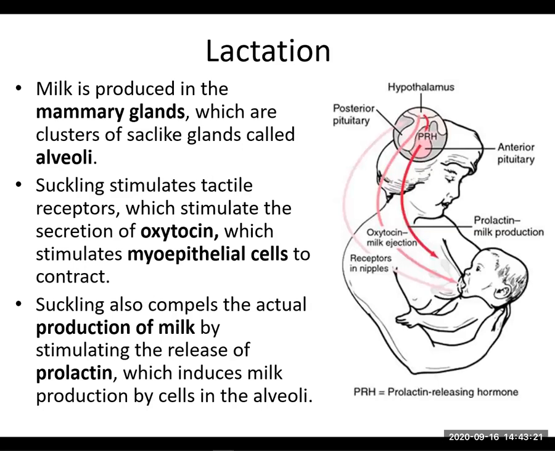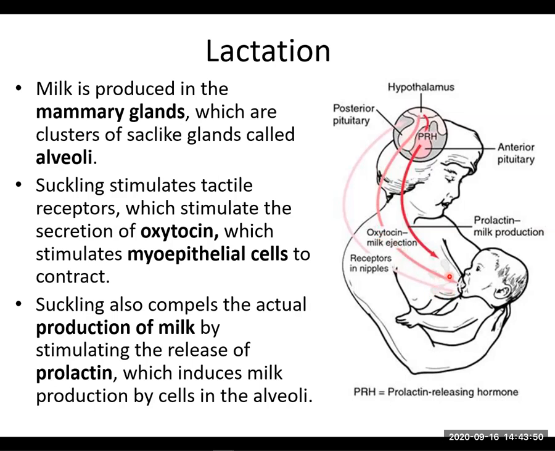And now we have the baby. The baby is going to feed. So this is called lactation. This lactation involves a feedback. This feedback is related to two hormones from the pituitary gland. One is oxytocin from the posterior pituitary gland.